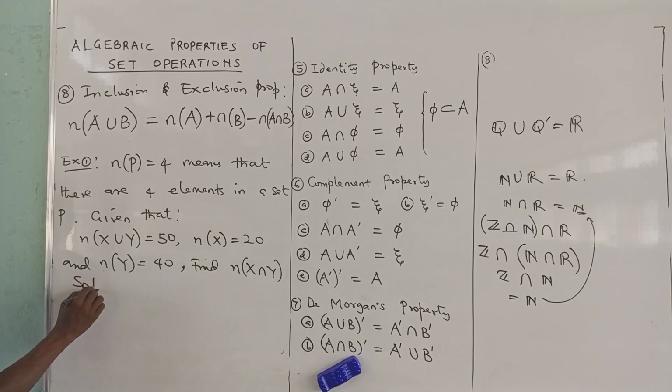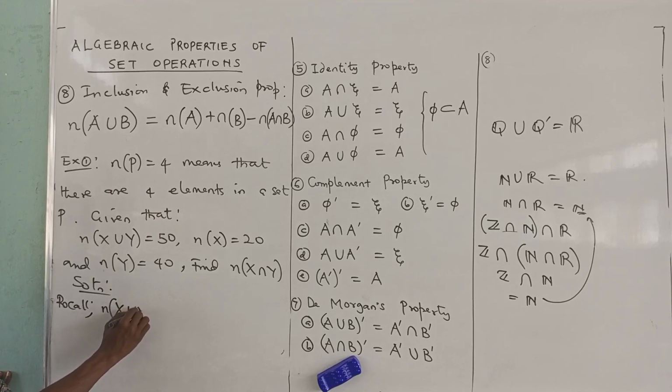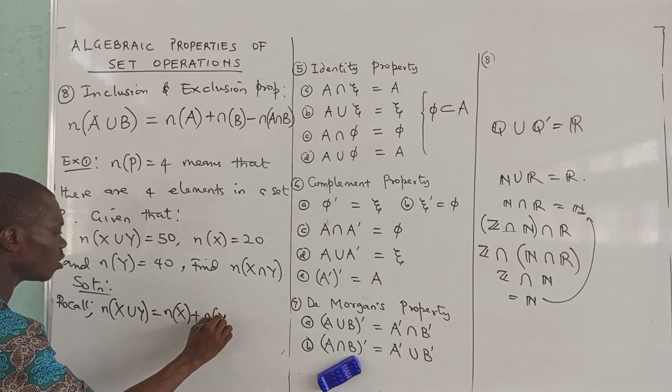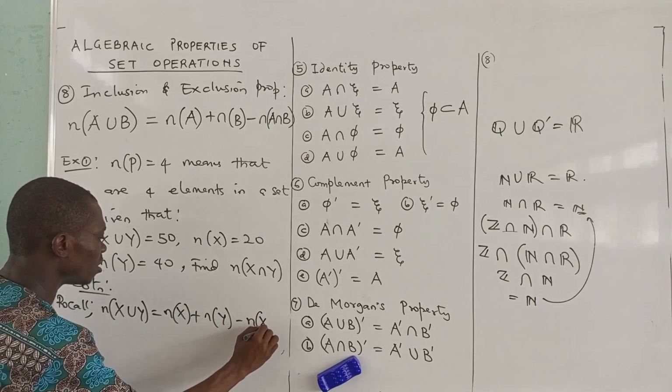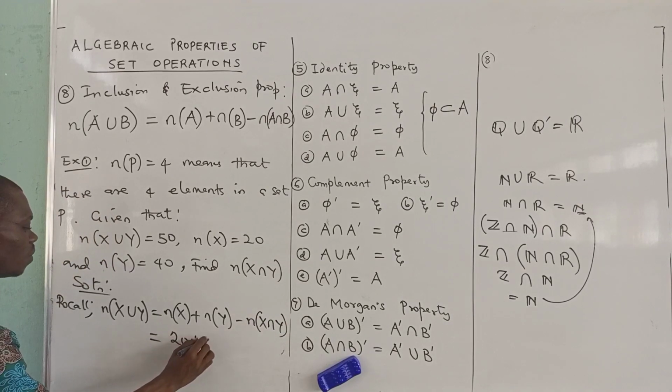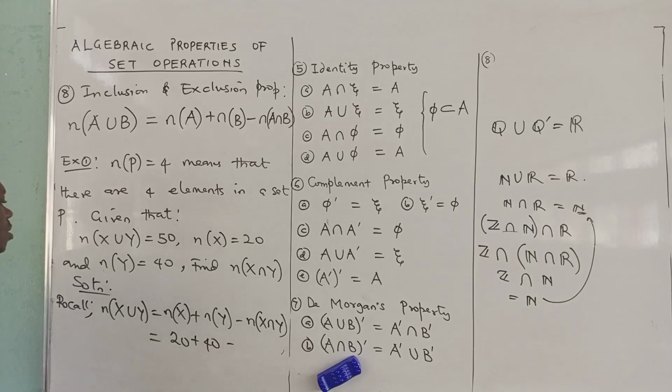And so what should I do? I should note that, recall that the cardinality of X union Y is equal to the cardinality of X plus the cardinality of Y minus the cardinality of X intersection Y. And that's going to give me 20 plus 40 minus, this one is 50.